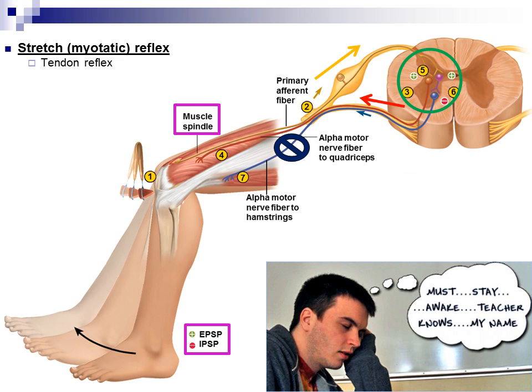This will prevent the hamstring muscles from being activated while the quadriceps muscles are being activated. This process is known as reciprocal inhibition. Since this reflex arc leading to the hamstring muscles involves three neurons, a sensory neuron, an interneuron, and a motor neuron, and two synapses in between these neurons, it is an example of a polysynaptic reflex arc.